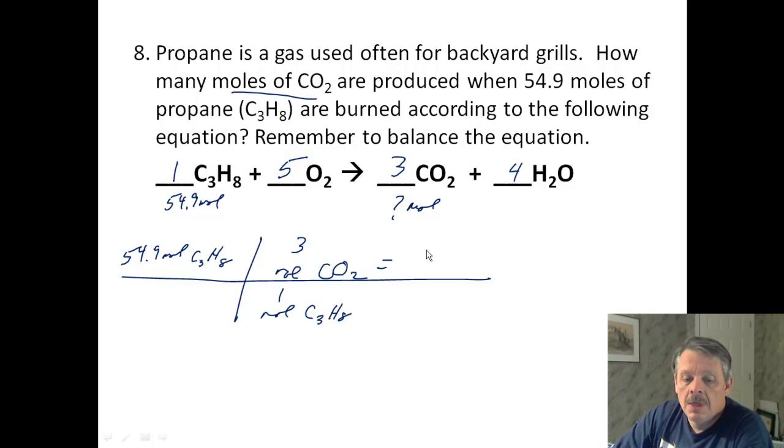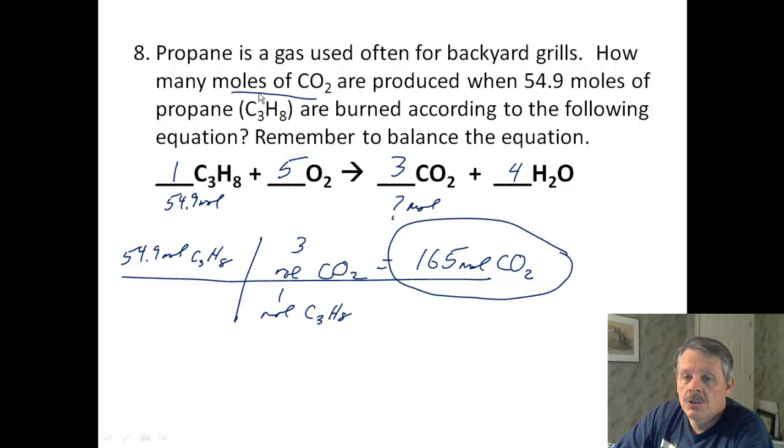I multiply that out, and I get 165 moles of CO2, which is a huge amount. And by the way, you'll notice it only has 3 sig figs, and that's because I was only given 3 sig figs for the problem.